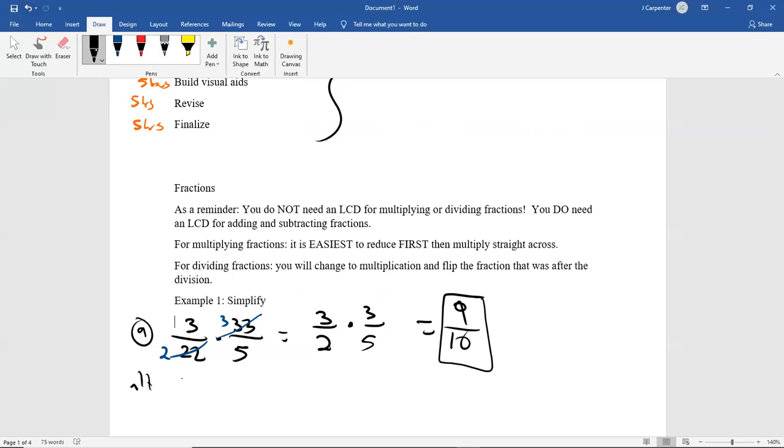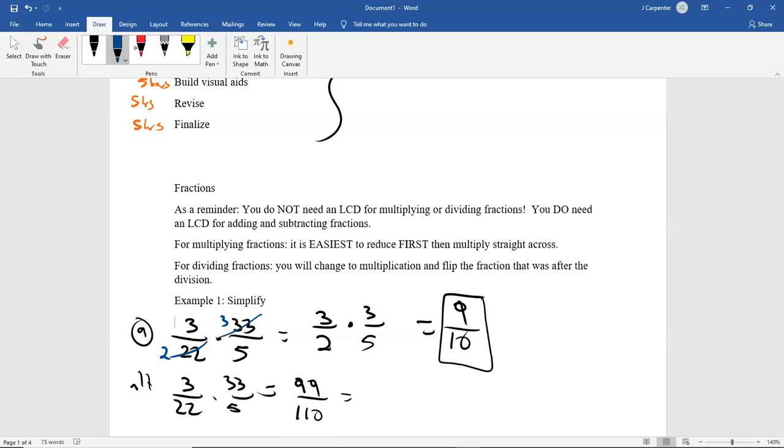Alternatively, I could have certainly done 3/22 times 33/5 and said 3 times 33 is going to be 99, over 22 times 5 is going to be 110. And then you would have to recognize that some numbers go into both of these. One particular number, 11. 11 goes into 99, so we can divide that by 11.